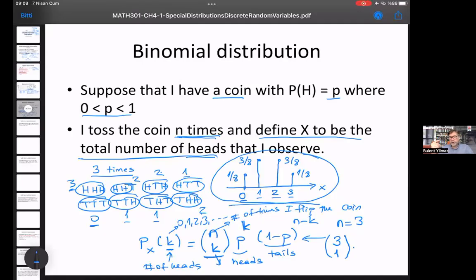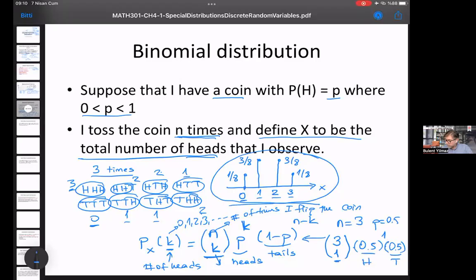If it is a fair coin, the probability is going to be 0.5, right? So I'm going to write 0.5 to the power of how many heads do I have? 1 head. Okay, times the probability of tails, again 0.5, and to the power of the rest. So this is heads and this is tails, okay?